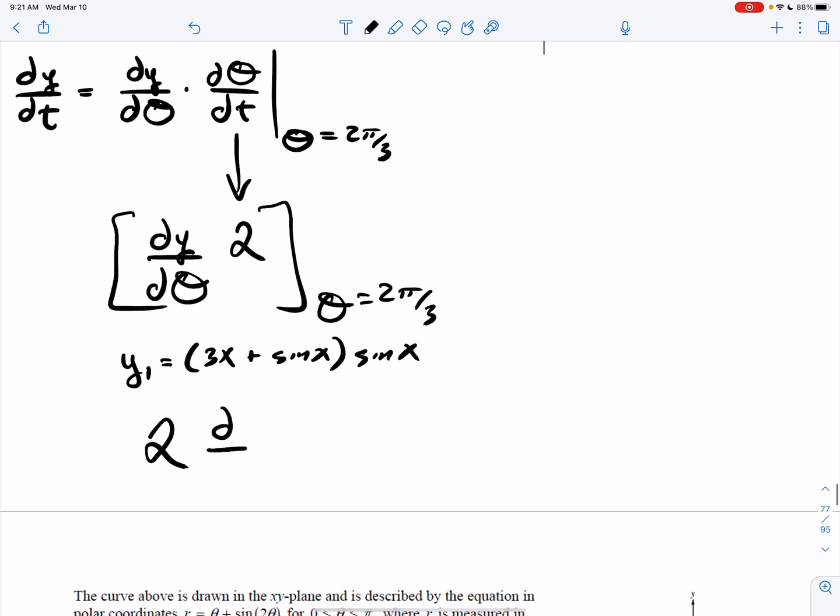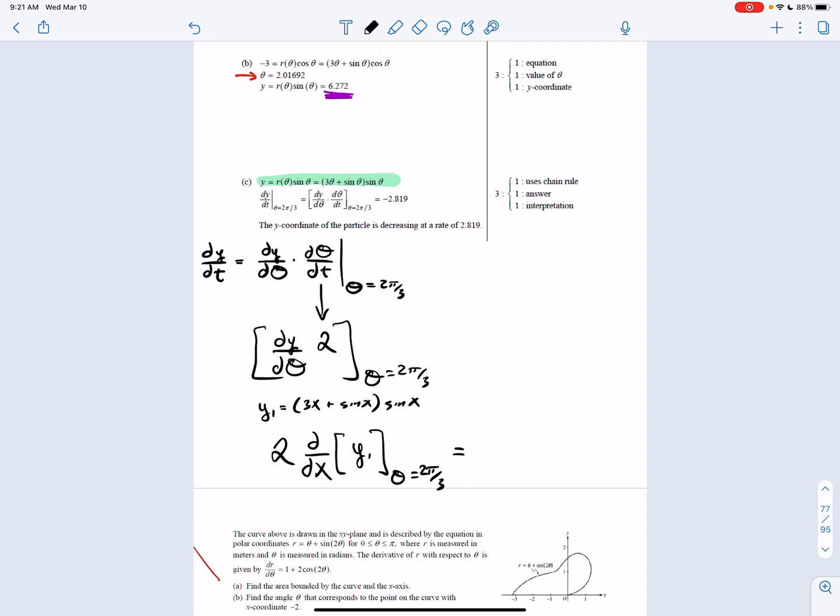So then it will be d over dx of alpha trace y1 at 2 pi over 3. That's probably the fastest way to get your answer there. That doesn't pop up too often. In case you're wondering, like, well, we have to remember this part right here. Again, doesn't happen too often there.